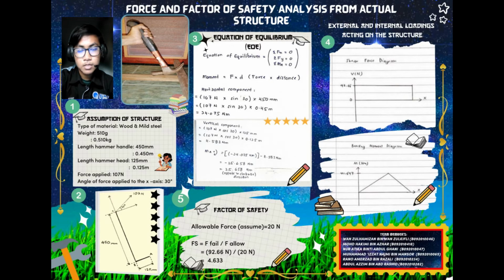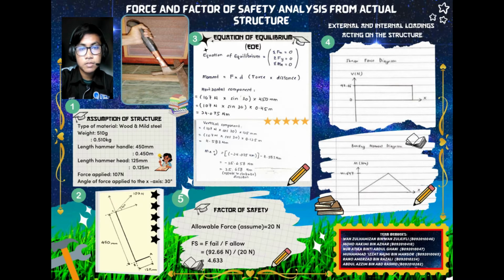As we know, moment equals force times distance. So we take a look at the FBD. For the horizontal component, we use the force times distance, which is 107 Newton times sine 30 degrees times 450 mm, and we get the value of 24.075 Newton meter.